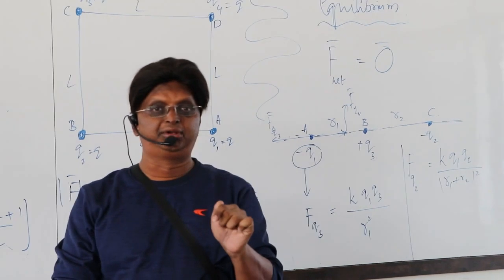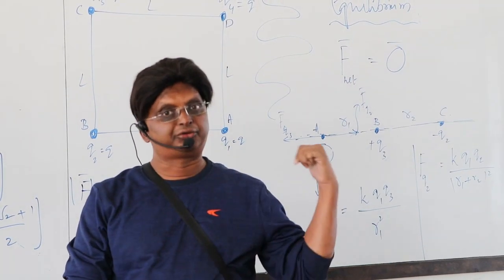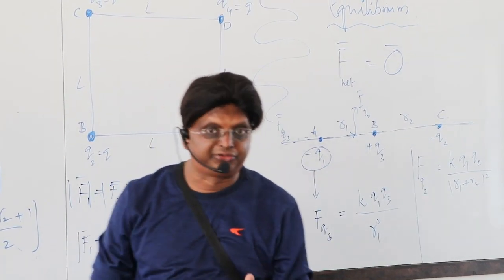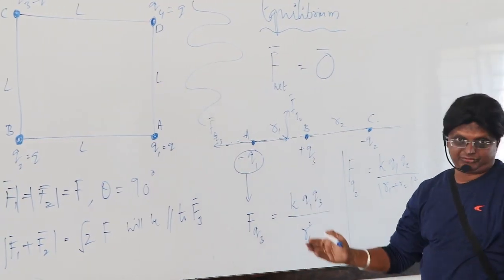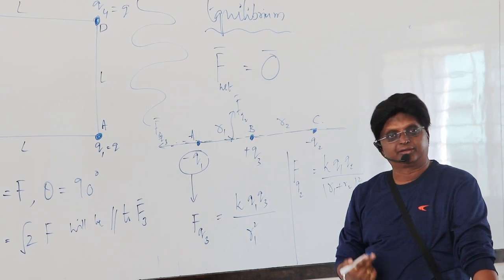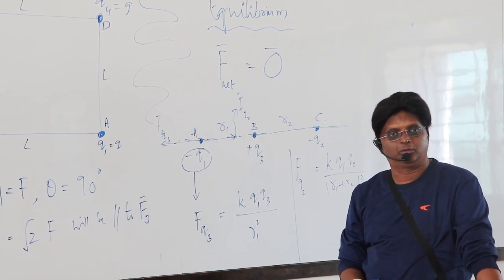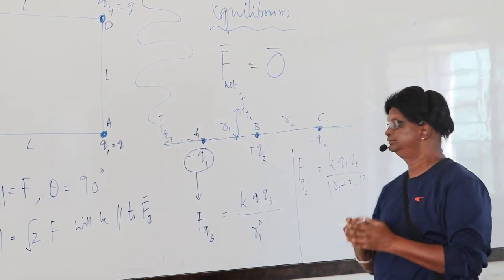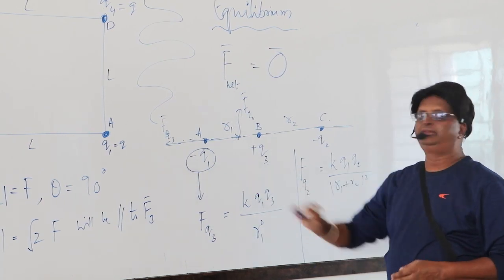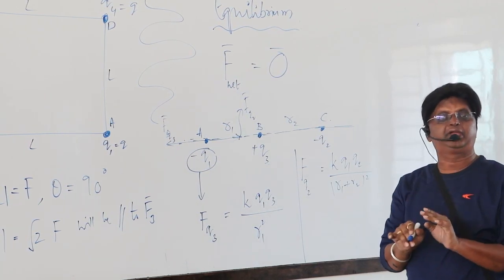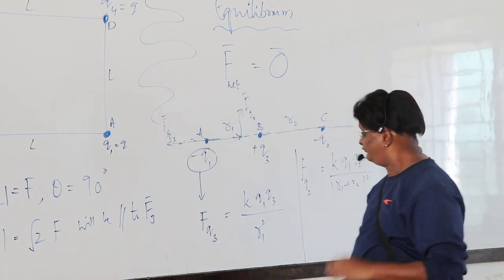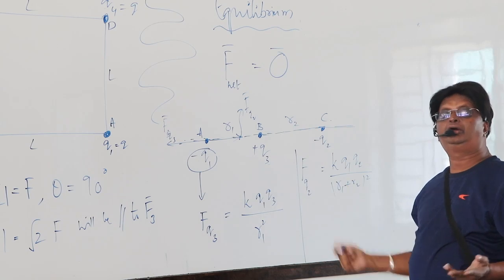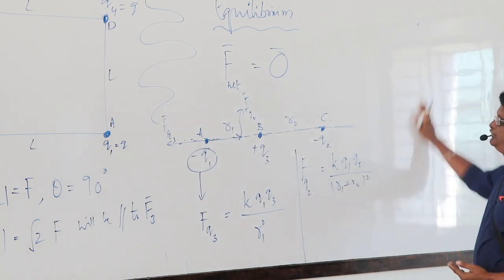So there is a possibility that the net force on Q1 may be zero if both are equal in magnitude, because for two vectors to result in a null vector, we need them always equal and opposite. Therefore, we don't say Q1 is in equilibrium, Q1 can be in equilibrium when these two forces are equal in magnitude.